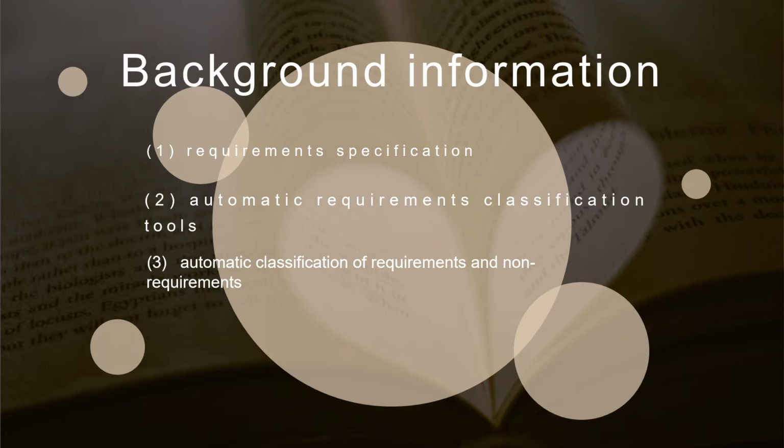Second is automatic requirements classification tools. Classification tools represent a convenient solution to support a requirements engineer in classifying requirements and can be used to distinguish functional and non-functional requirements. Third is automatic classification of requirements and non-requirements.